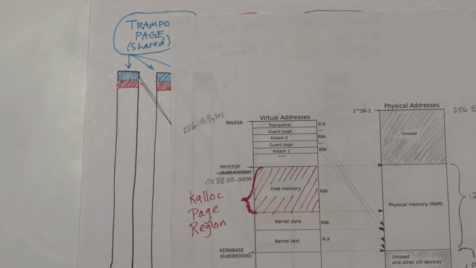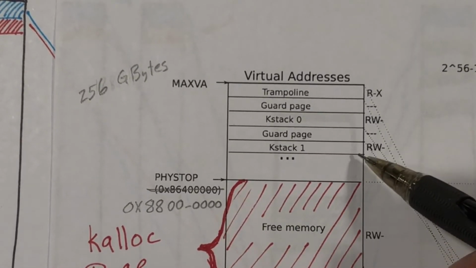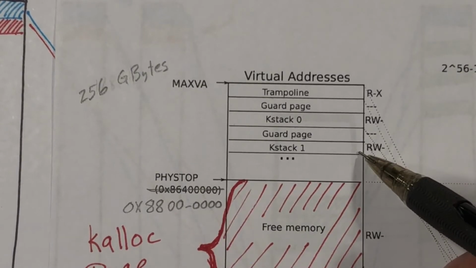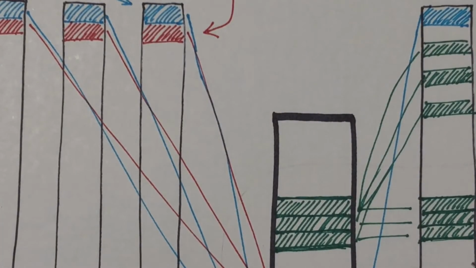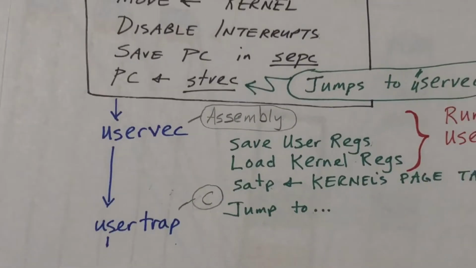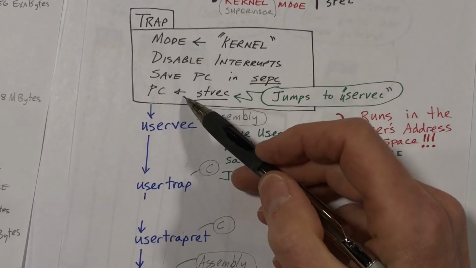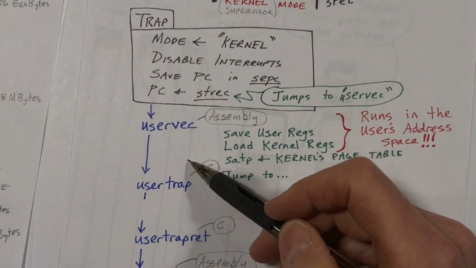We've also got these kernel stack pages up here. For each of the 64 processes, we need a kernel stack. And that is because when we first go into kernel mode, the trap occurs and we begin executing.